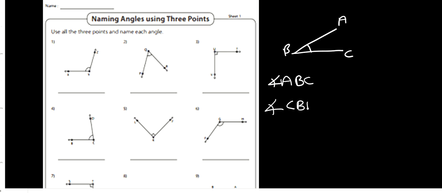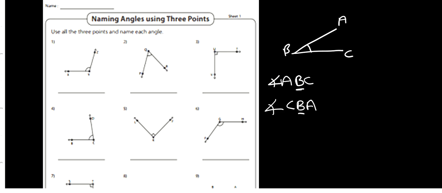It's the same thing. But we need to make sure that B is always at the center. We can't say that this angle is BAC. It's not like that. So either it is ABC or CBA.